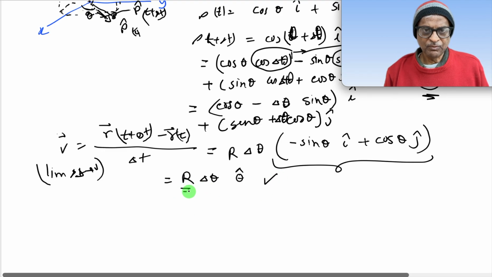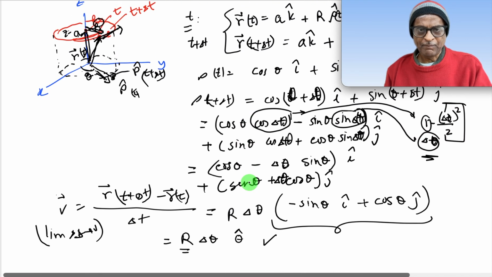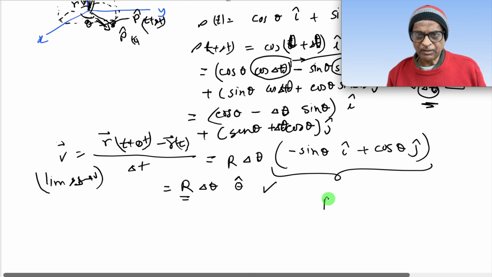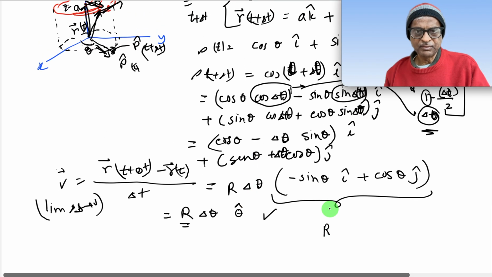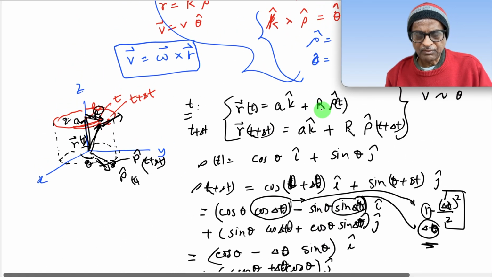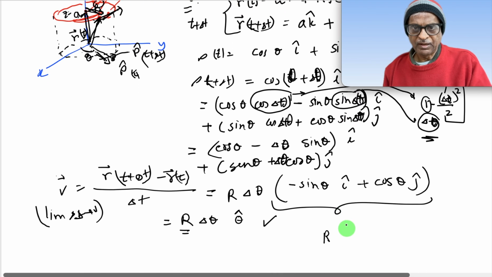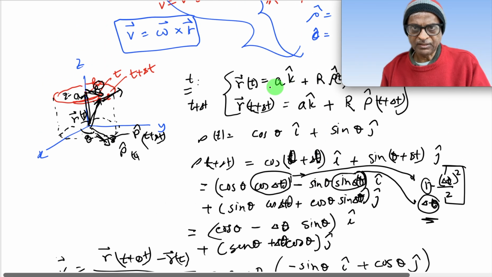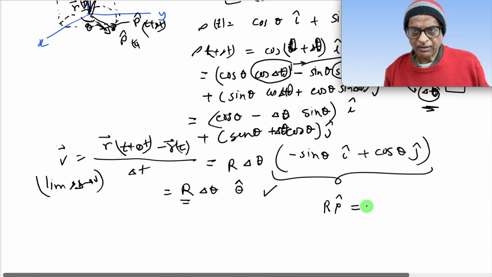Now let's look at what r is. From here I know that I can write this vector r rho hat equal to minus a i hat plus r at time t minus a k hat.